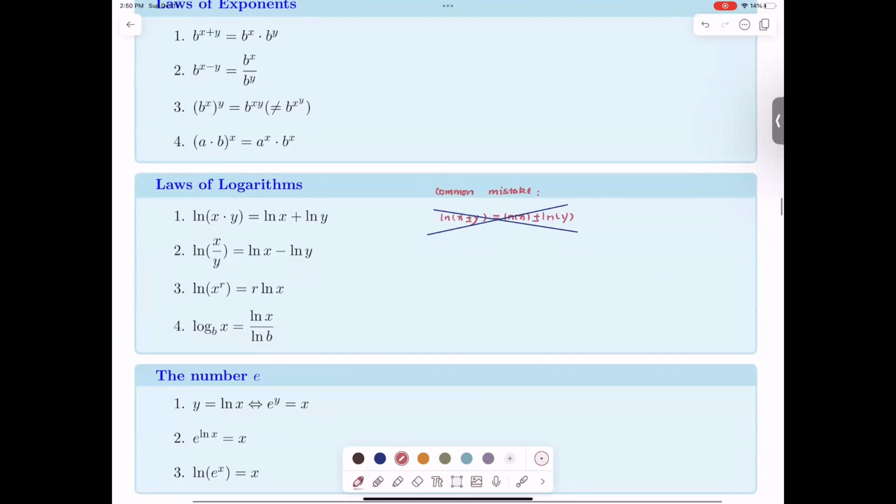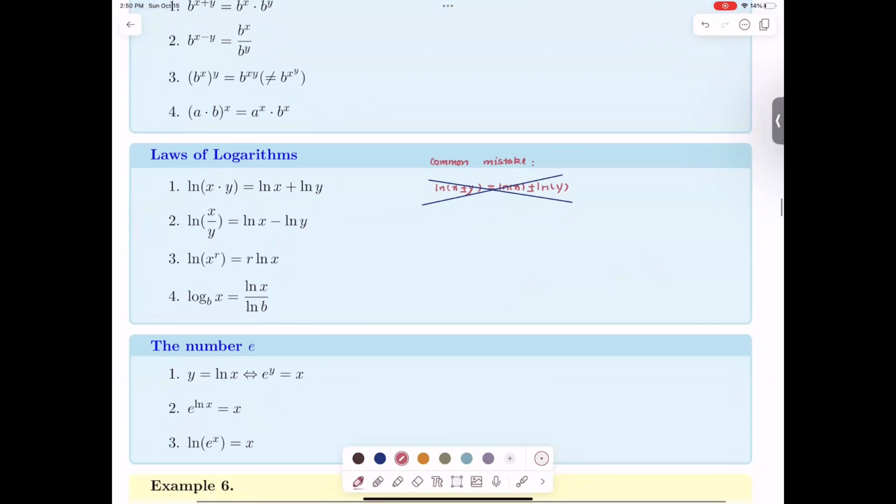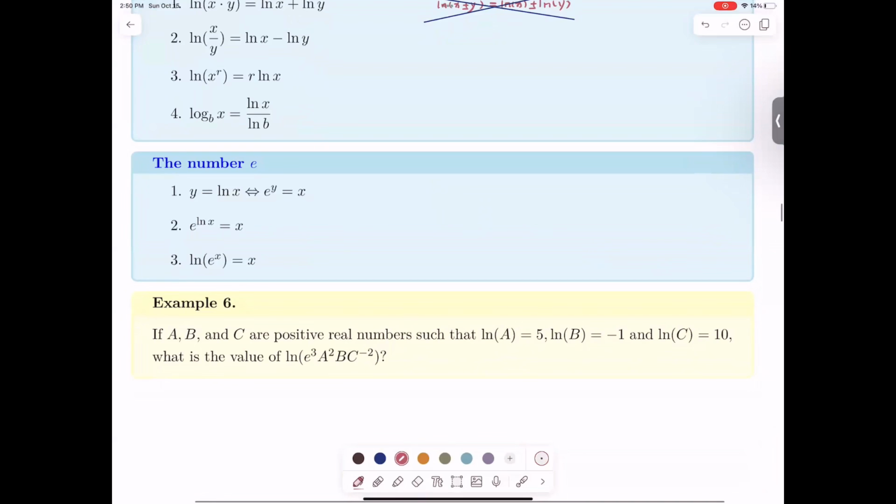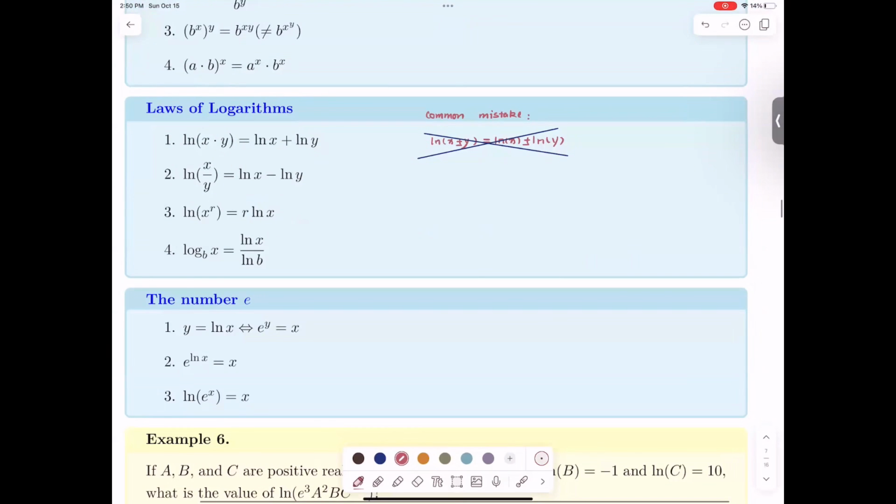Know all of them by heart. Number e, blah, blah, blah. This is easy stuff. I should not say easy stuff. It's not easy stuff, but you should be familiar with all of them from high school. Okay? That's why I want to skip them because they are high school material.